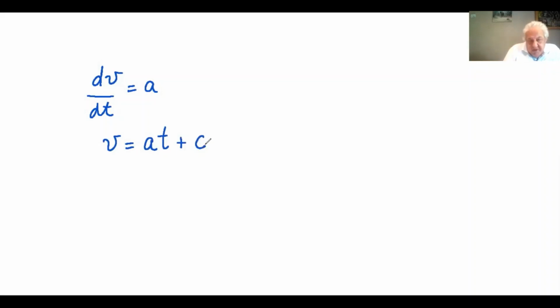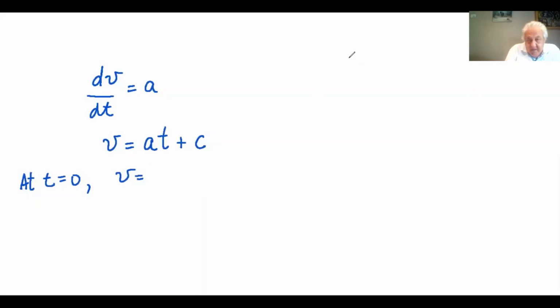I want to find what this constant is, my constant of integration, which must come in the operation of integration. And I can find it by setting t equal to 0. So at t equals 0, I get v equals, well, this is 0, so this just equals c.